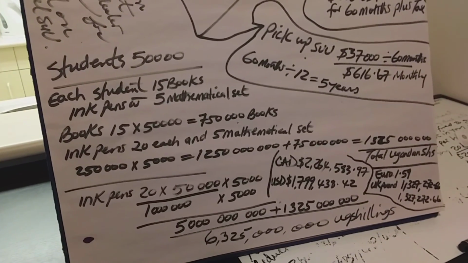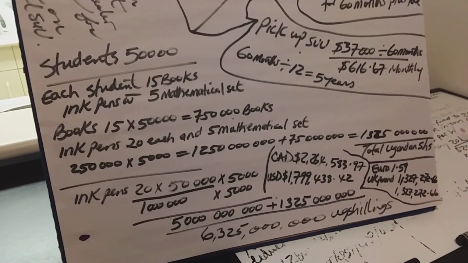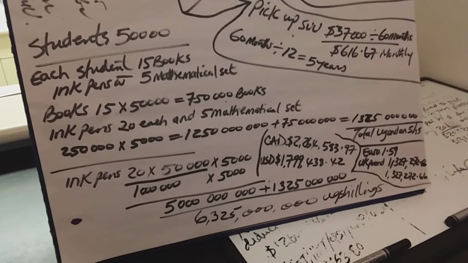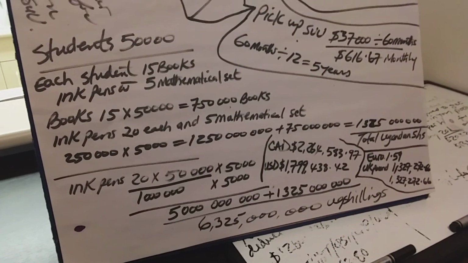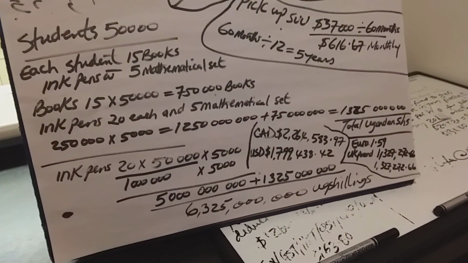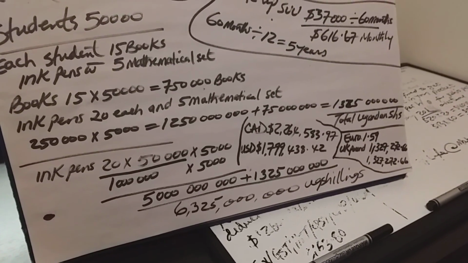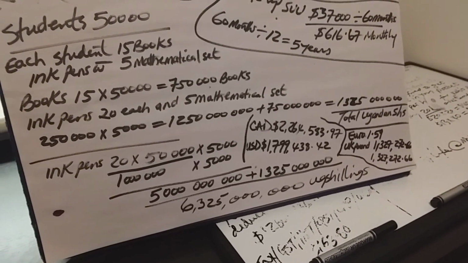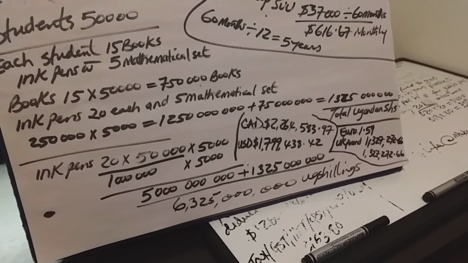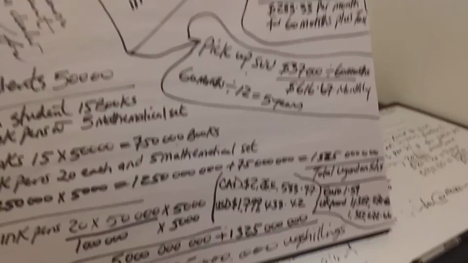For ink pens, 20 times 50,000 is 1 million, times 5,000 is roughly 5 billion. Plus 1 billion 325 million, that is roughly 6 billion 325 million Ugandan shillings.